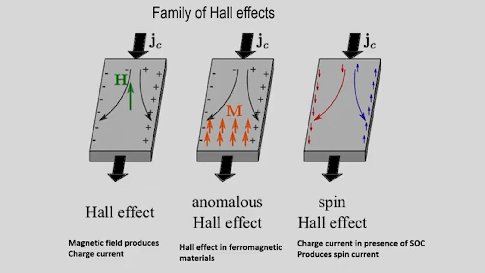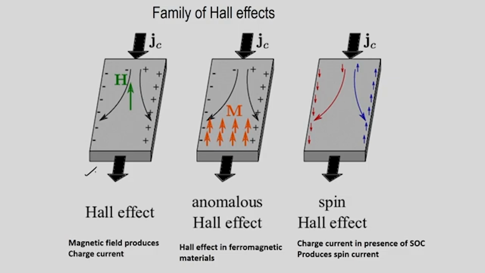And so, let us look at some of the pictures of the Hall effect or the spin Hall effect. This is basically a cartoon of the family of Hall effects that are discussed in various forms in this course. This is the usual Hall effect on your left.